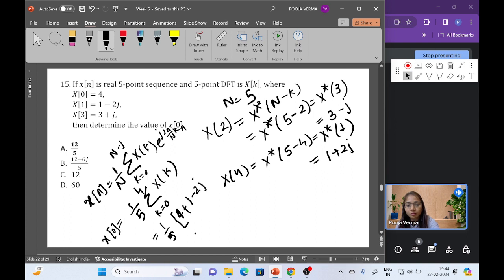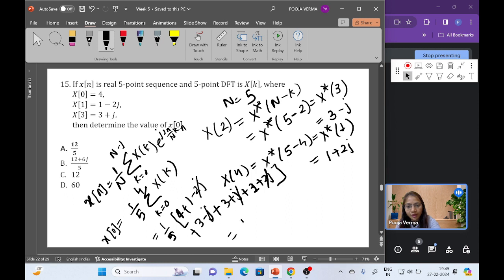If k is equal to 2, then the value of x of 2 we got is 3 minus j. Then x of 3, if k is equal to 3, x of 3 is 3 plus j, plus x of 4, k is equal to 4, will be 1 plus 2j. So here some parts will be cancelled out.